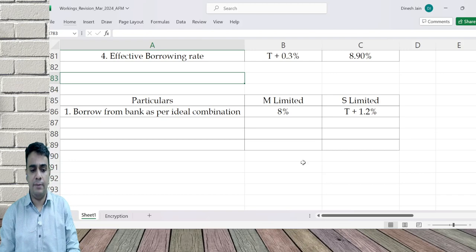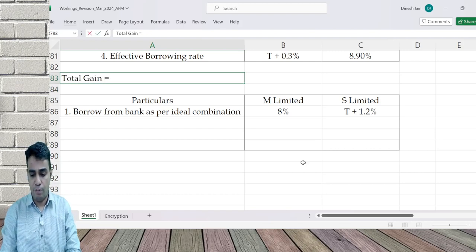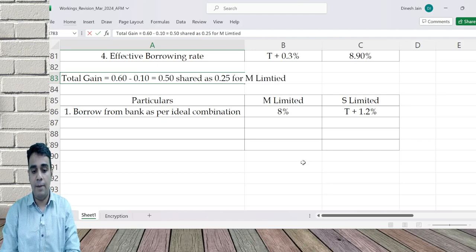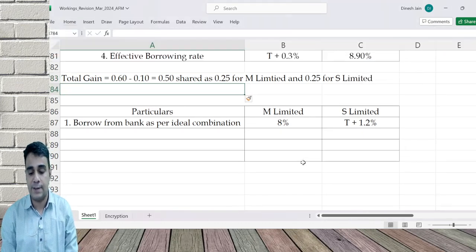What was the total gain? 0.6. In that, the intermediary takes away 0.1, leftover is 0.5. Share does what? 0.25 for M Limited and 0.25 for S Limited. Right, this. 0.25 for M, 0.25 for S.